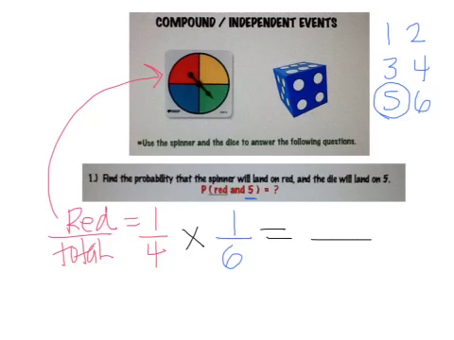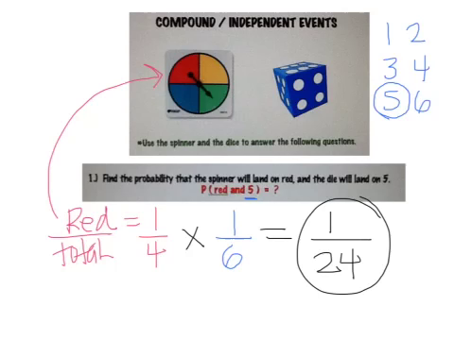Multiplying fractions, we need to go straight across. 1 times 1 is 1. Then I'm going to go straight across the bottom. 4 times 6 is 24. So the probability of getting red on the spinner and 5 on the dice is 1 out of 24.